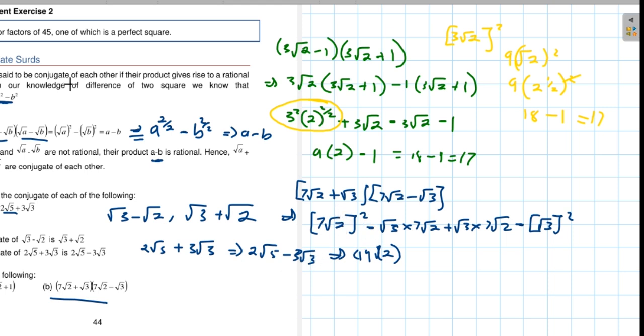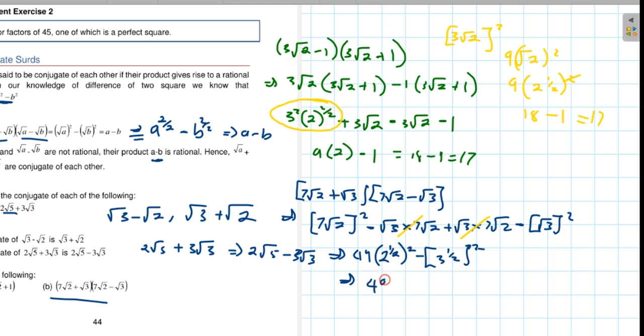Remember, I said this is the same thing as saying 2 to the power of 1 over 2 multiplying 2. Then this will go with this, because this is negative and positive, so we'll have the last part to be 3 to the power of 1 over 2 multiplying 2, that is power of a power.